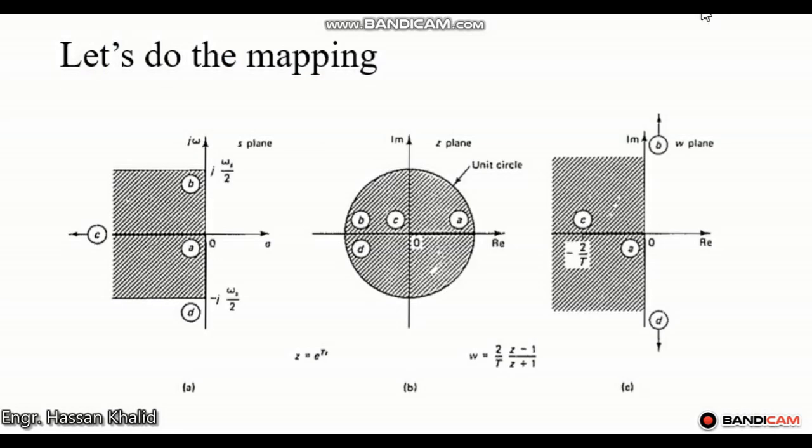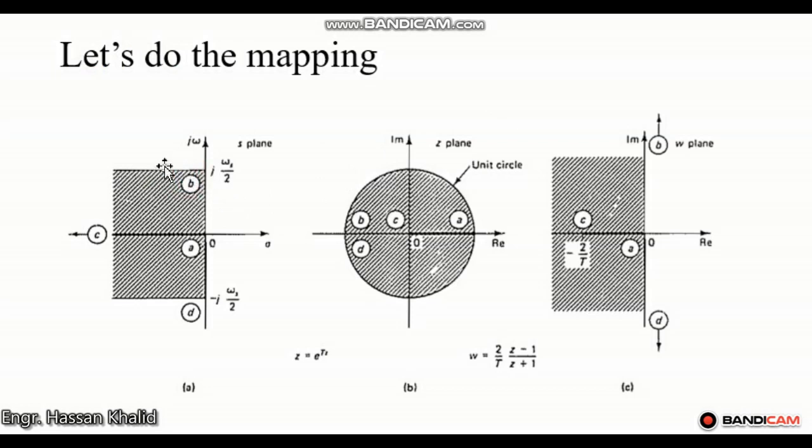Now let us do some mapping between the S plane, Z plane and the omega plane. In this slide I will tell you how we actually map the Z plane with respect to the omega plane as well as with respect to the S plane.